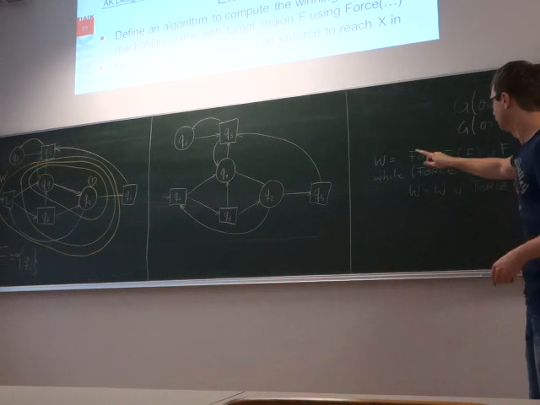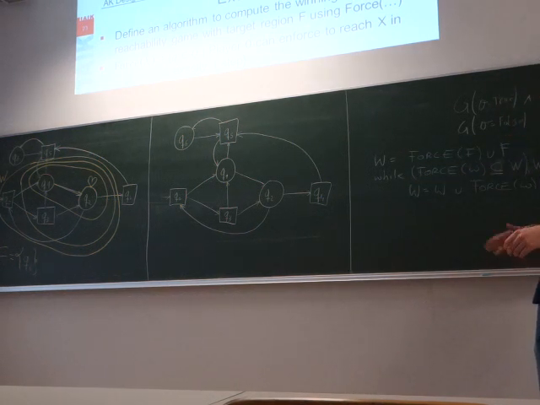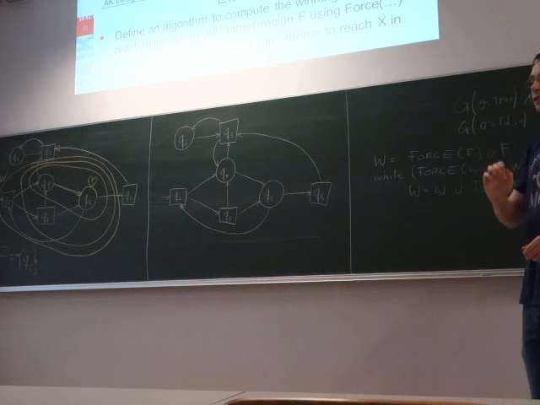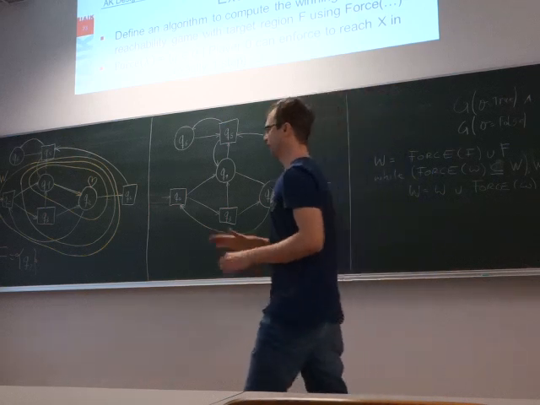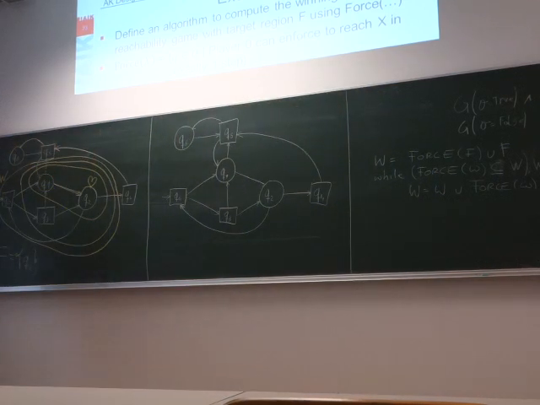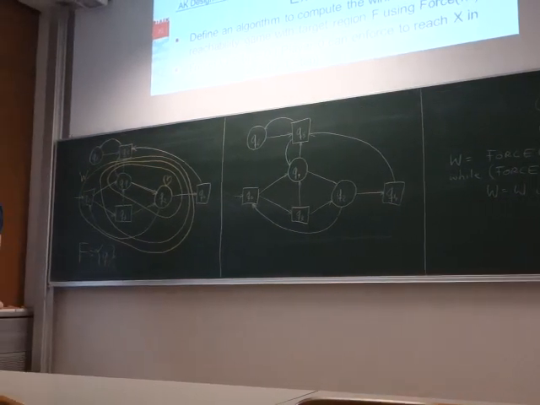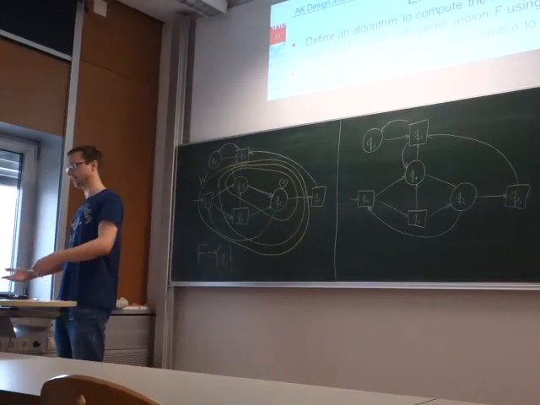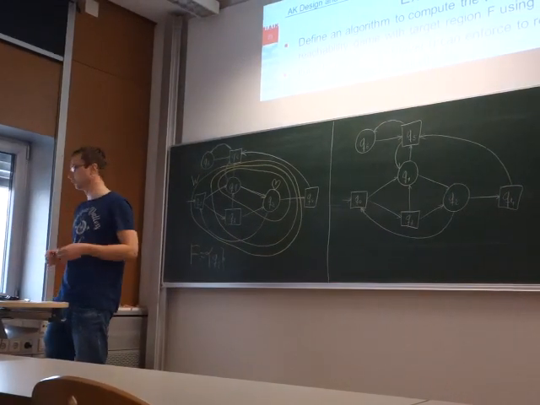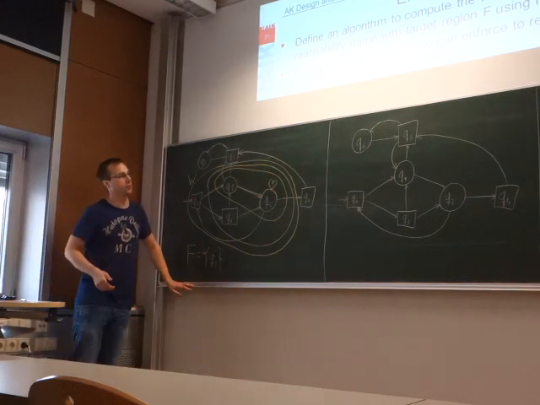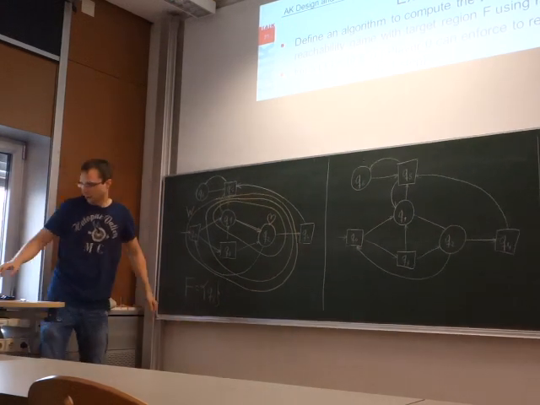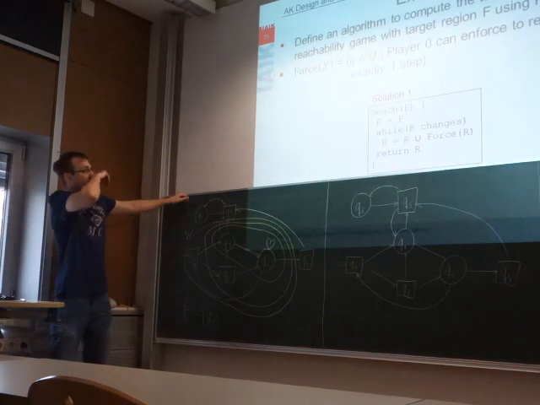So we just monitor the changes of w, and as soon as we do not get any new states, we can stop. Because if we do not get any new states in one iteration, then we will also not get any new states in the next iteration, and in the next iteration. So we can just as well stop. Perfect. So this is a very nice algorithm, actually. Let's see what I came up with.